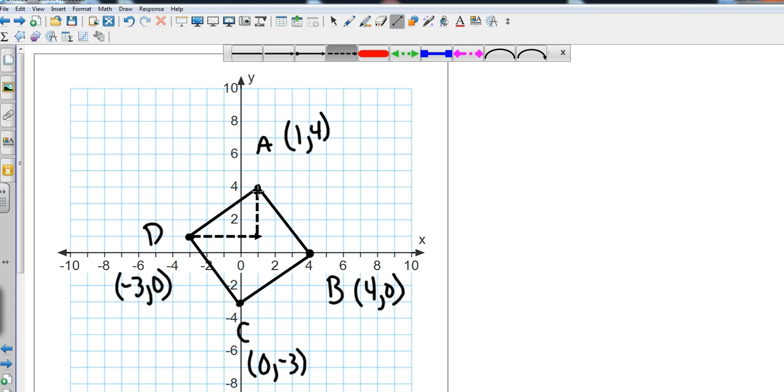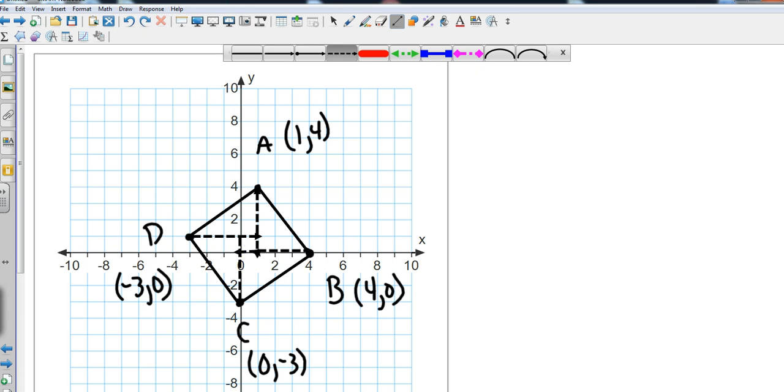I could go here to here, and that would give me a triangle there. I could go here to here, and that gives me my third triangle. And then I could go right there.